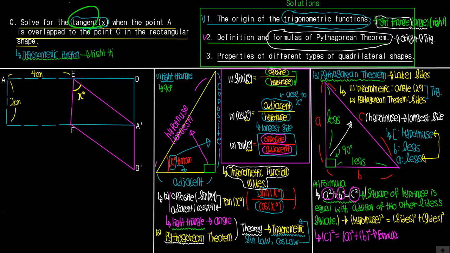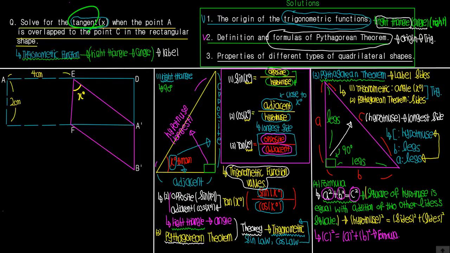And what is the most important thing in our right triangle? It will be an angle. So this will be what we do in our right triangle. And what should we do with the right triangle except for the angle? We need to label the sizes.